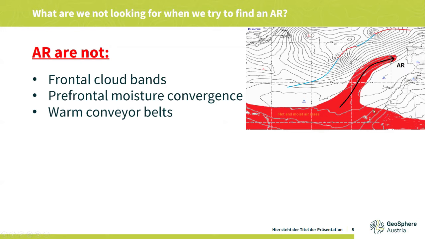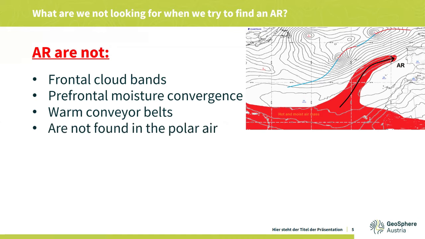Here's a high pressure level to the north. So it's not a warm conveyor belt. The warm conveyor belt would be here, prefrontal, and also associated to the warm front. This atmospheric river is not associated to a frontal system. It can move along several frontal systems and propagate to the north.